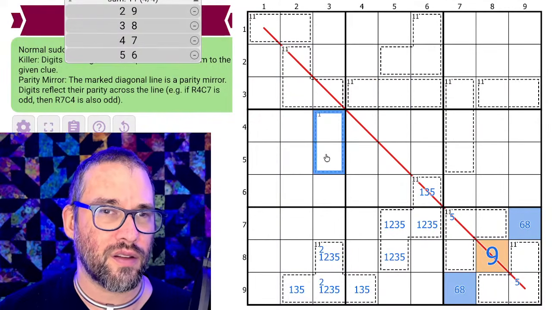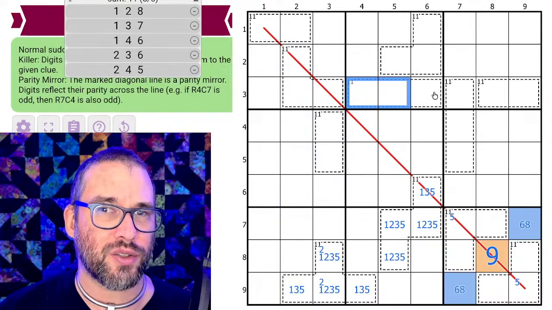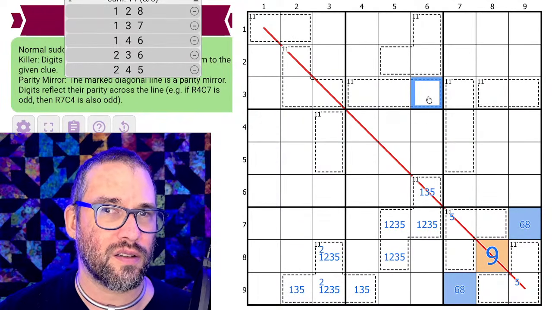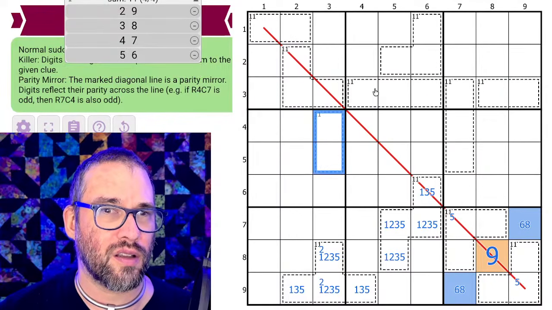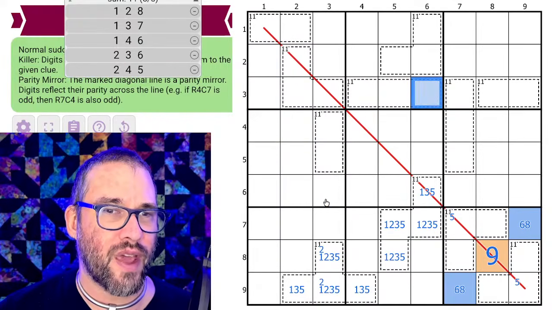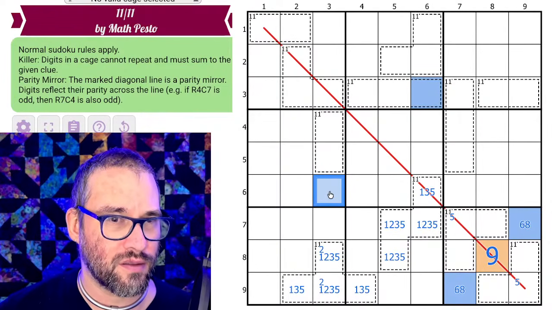These correspond to these. So these are one of each, which means the other digit has to be even. So that's even, and that's even.